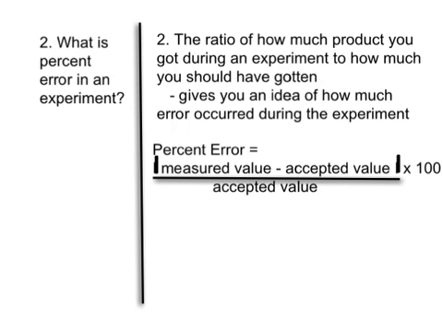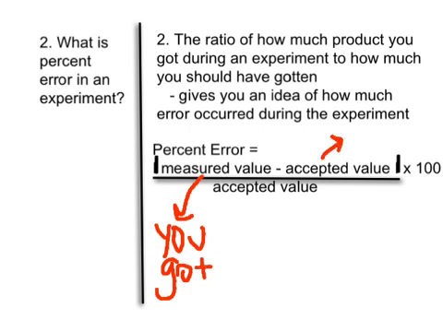We're going to be dealing with the measured value, that's what you got, and you're going to subtract that from the accepted value, what you should have gotten. And then you're going to take the absolute value of that. These bars over here mean absolute value.